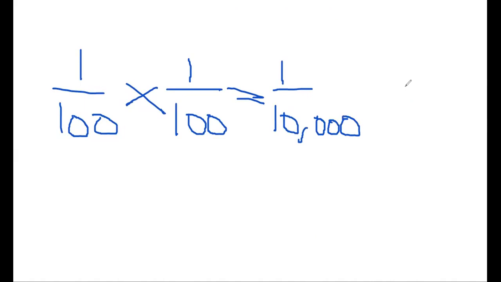Now, 1 divided by 10,000 is what? That's 0.0001. So in other words, a pip is simply the fourth value from the decimal. A pip is simply what? The fourth value from the decimal.